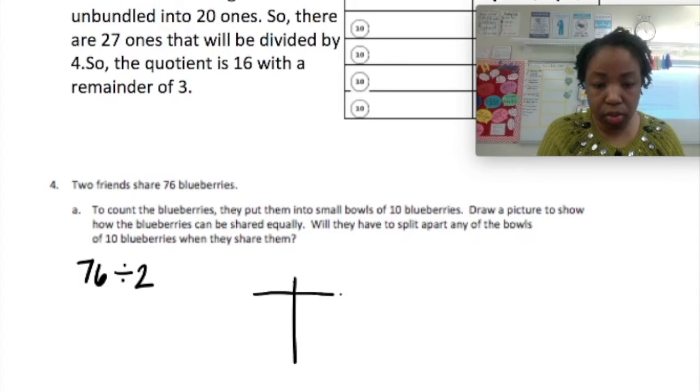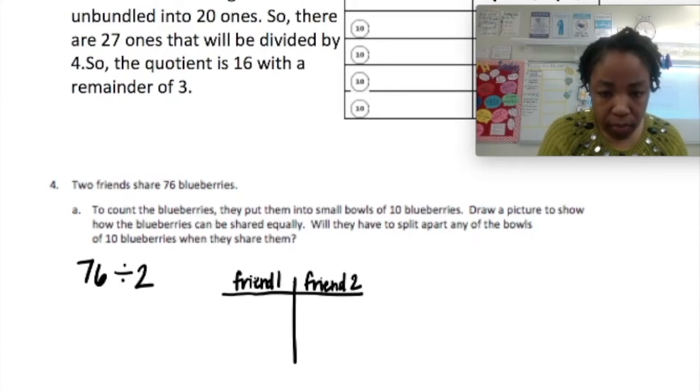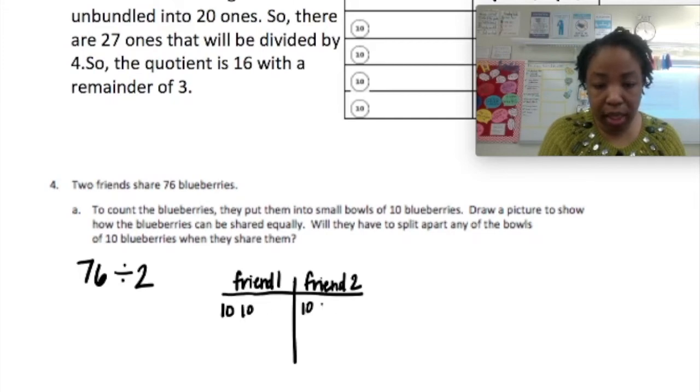So I'll just do, and this will be friend 1 and friend 2. So friend 1 gets 10 and friend 2 gets 10. That's 20.